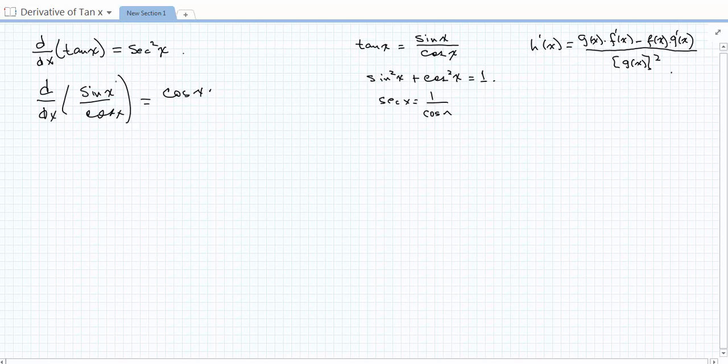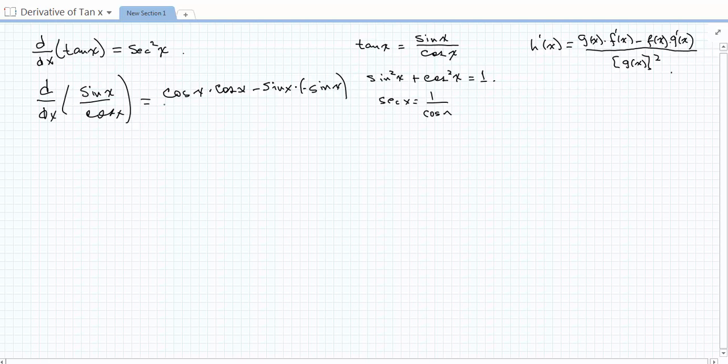In this case, the derivative of the sine is the cosine, so times the cosine of x, minus the upper function, which is just sine x, multiplied by the derivative of the lower function, which is cosine of x, giving us minus the sine of x.